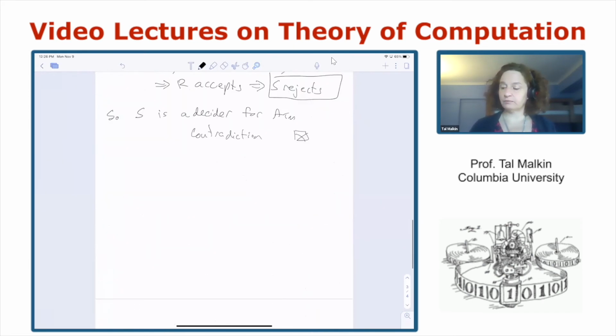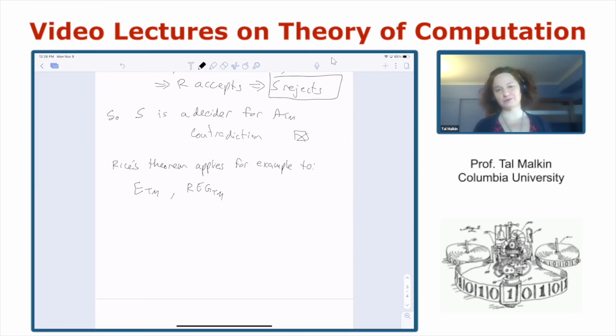So Rice's theorem applies, for example, to languages we already have seen, ETM and RegTM. Recall we saw it last week and last lecture.